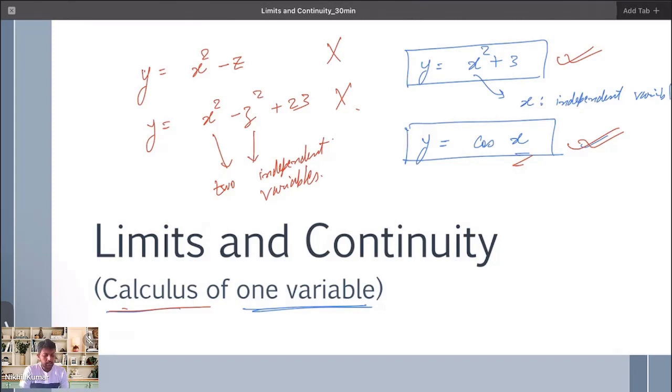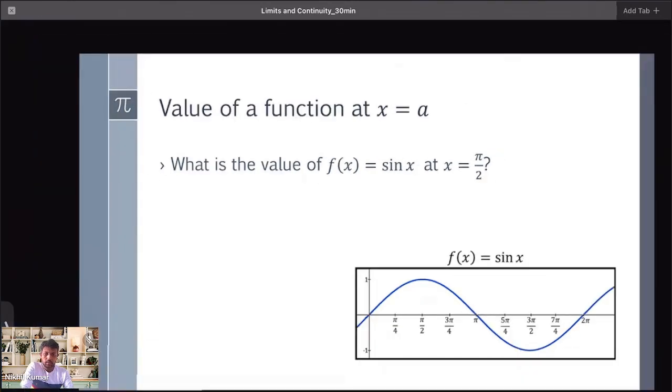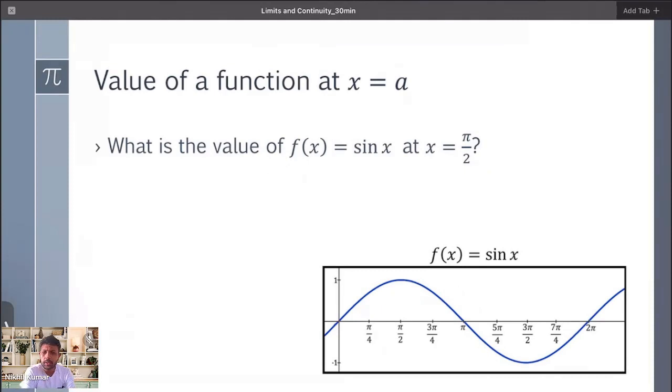All right, so let's get started and find out the value of a function. First, what is the limit of a function? We're going to get into that a little later. Before that, we all know how to find the value of a function, right?